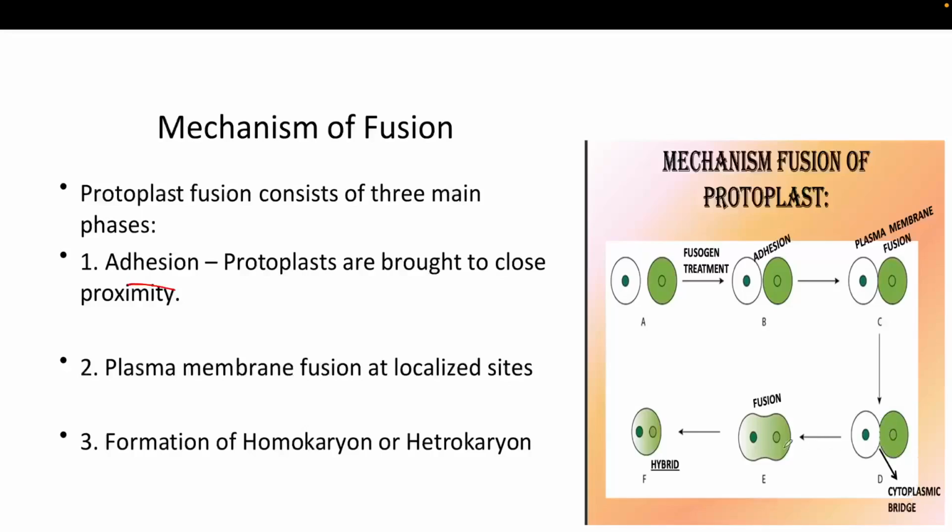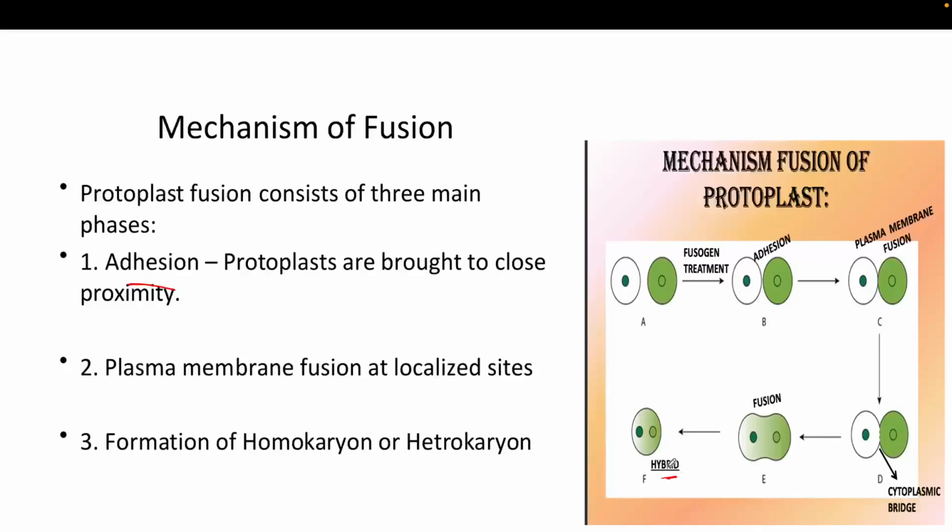After that, the two nuclei will form a single layer of plasma membrane and create the hybrid cell. This hybrid cell is called the somatic hybrid, where the cytoplasm as well as the nucleus of both cells is present. This can lead to the formation of either a homokaryon or a heterokaryon.